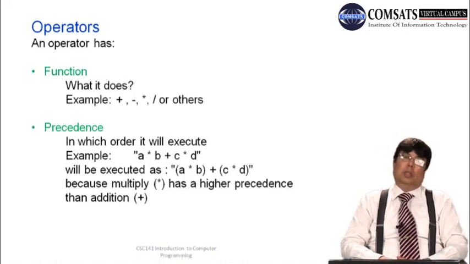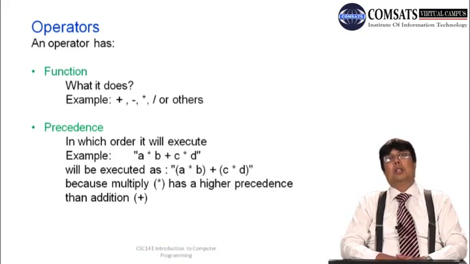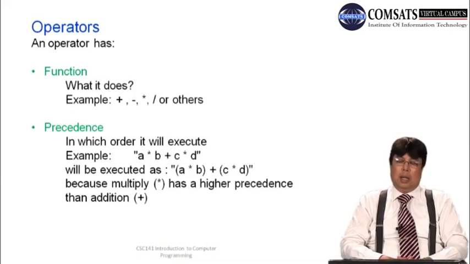No, it will not do that, because multiplication has higher precedence over plus. So the operator with higher precedence relative to the other operators in the expression will be executed first. So in this example, a multiplied by b will be executed first.